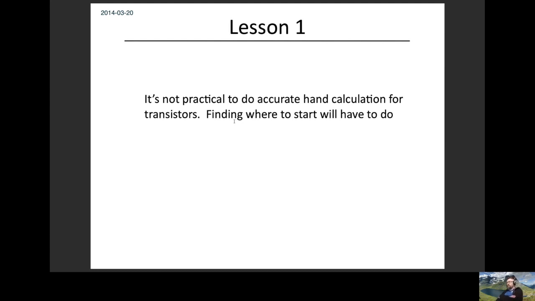You need to understand how the transistor works and what the range of the expected answer is. Based on your knowledge of how the transistor works, you will know whether the current should be 1 nanoamp or 1 microamp, three orders of magnitude apart.